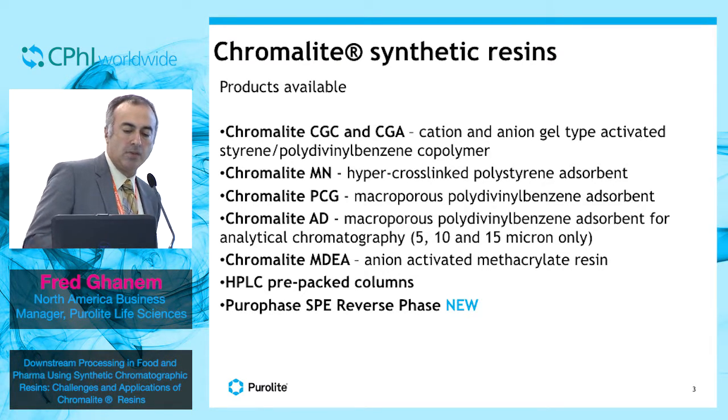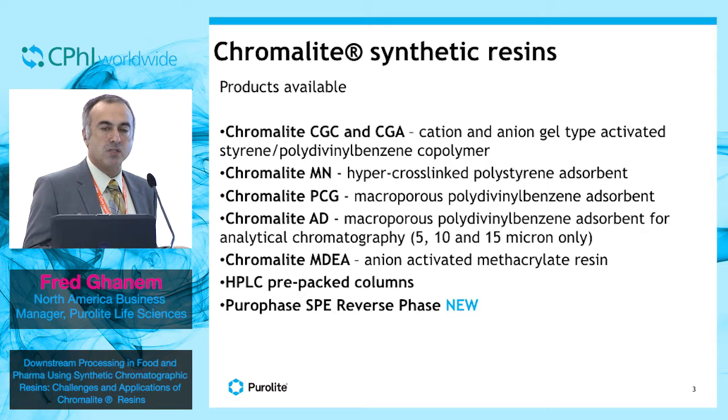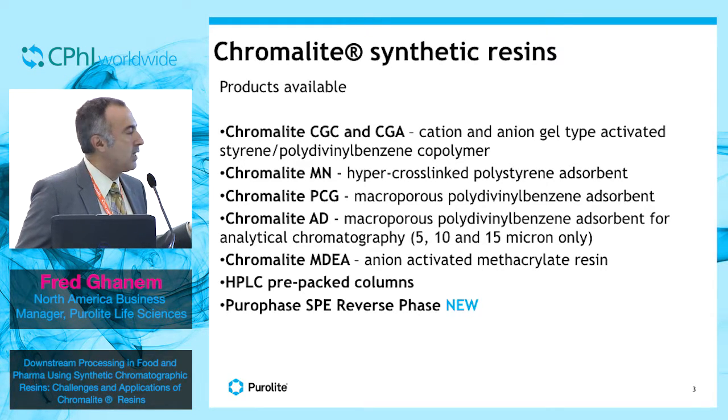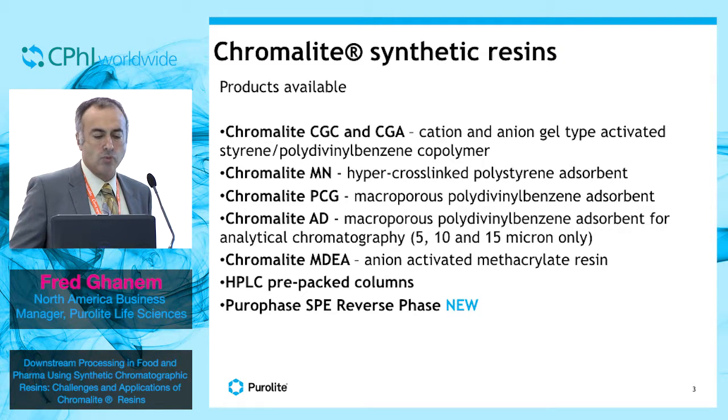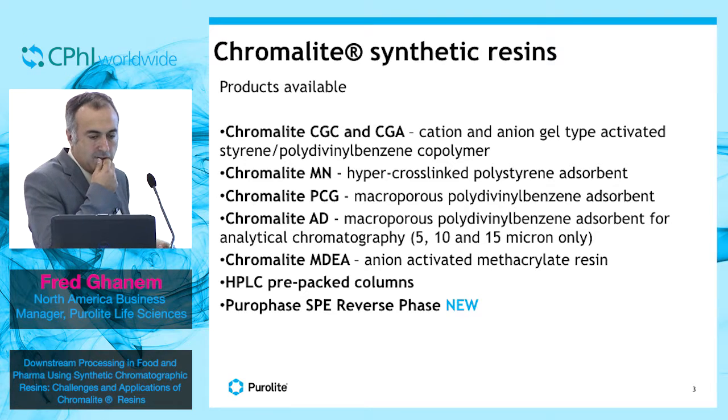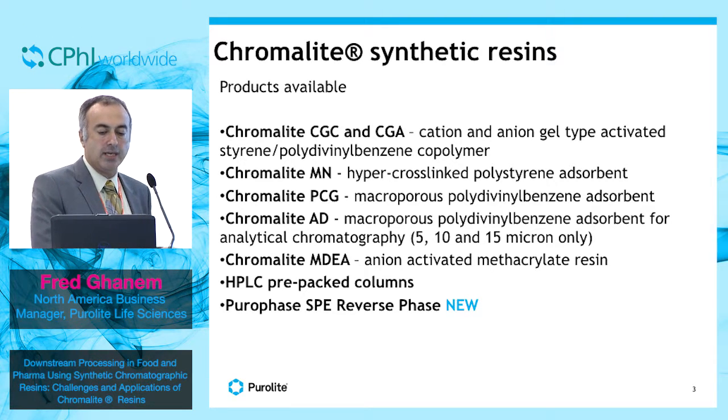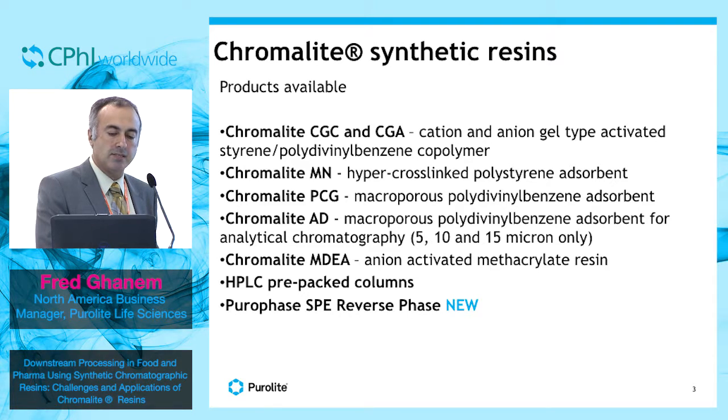For the Chromalite AD, if you don't want to buy it in bulk, we can offer it in pre-packed HPLC columns. We can also offer it as SPE reverse phase for people who want to work with the SPE product lines. For Chromalite particle size selection, we have 5 micron, mainly for analytical HPLC applications, and 10 and 15 micron for preparative HPLC.